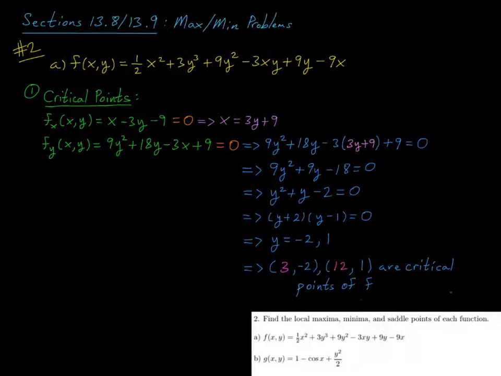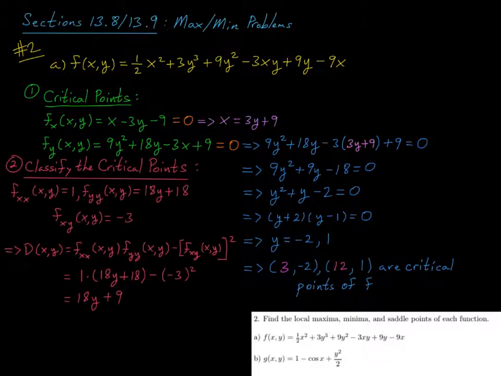And so now I want to classify these critical points. To do that, we use the second derivative test. So here is the xx derivative, the yy derivative, and the xy derivative. So D of x,y is the product of the xx and the yy derivatives, and then we subtract from that product the square of the xy derivative.